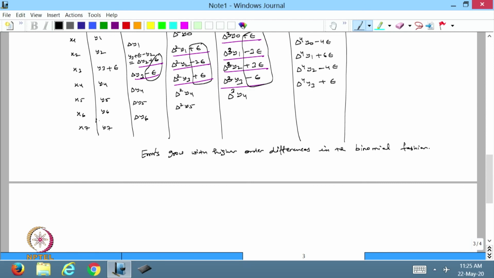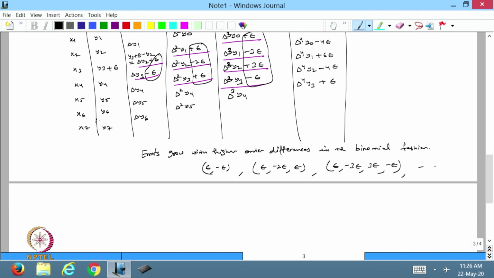So, in the binomial fashion means, if you see from here, the error is coming epsilon and minus epsilon, then it is coming epsilon minus 2 epsilon epsilon, then the third one is epsilon minus 3 epsilon 3 epsilon, and then minus epsilon. So, like this one it is coming.